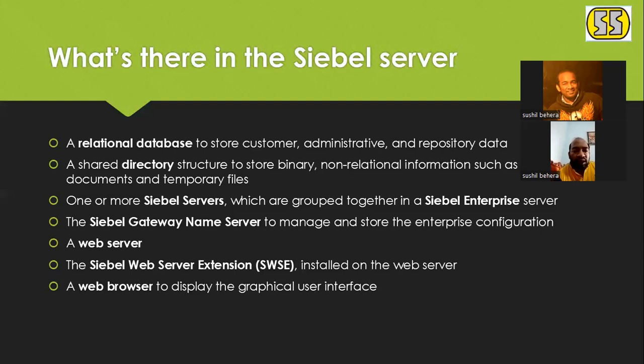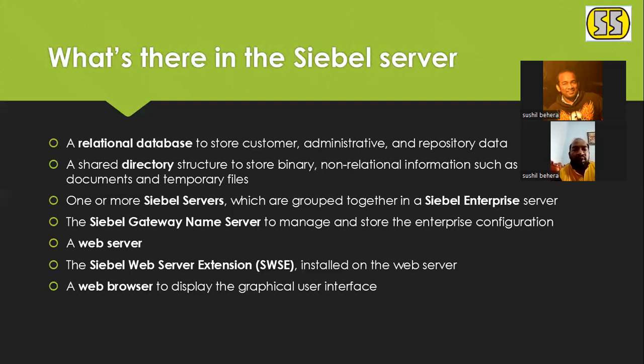Now, what else do we have? We have the web server, we have the web server extension SWSE, and we have the web browser. So, what is a web server? Web server is nothing but a third party server, it can be Apache, it can be Microsoft IIS. This third party server gives the connectivity between the browser and the Siebel server. Okay. So, how will the connectivity happen?